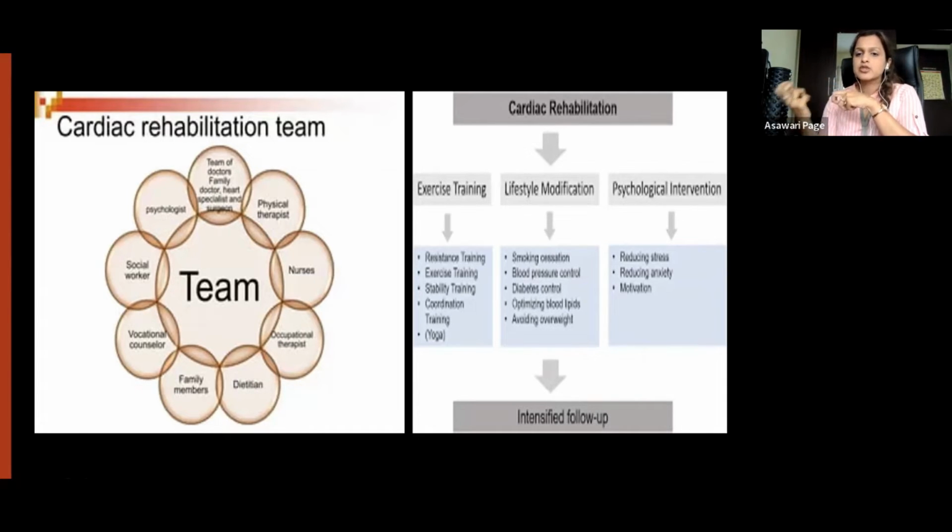But smoking cessation, blood pressure control, diabetes control, risk management, weight management, obesity, and stress management also need to be looked at. So questionnaires become a major part of a cardiac rehab center, which we should not forget, because this is what gives us functional improvements.